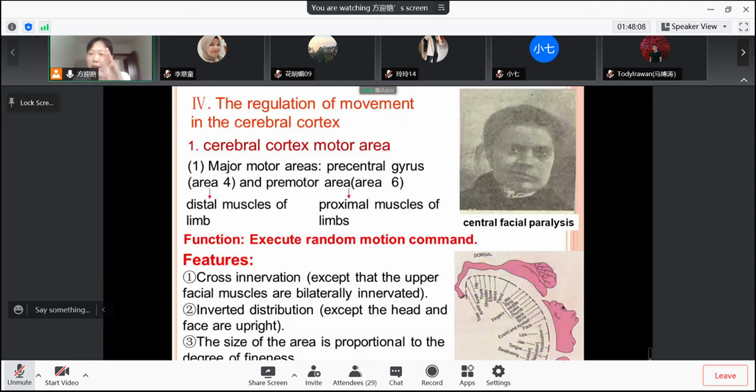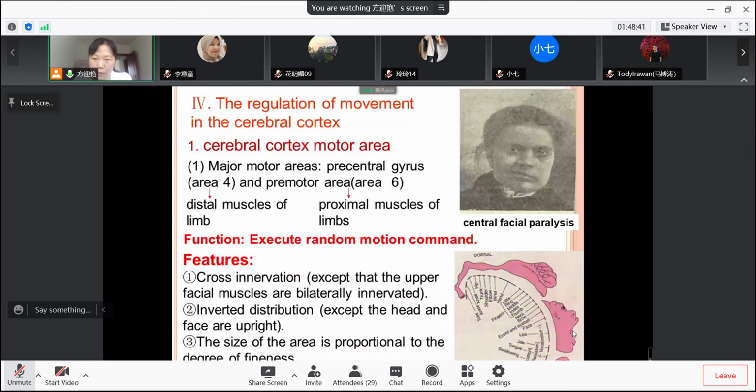We use our hand, but the foot only does walking. So we found that the hand has fine, facilitated movement, so the size of the area is large, but the foot or leg area is small.